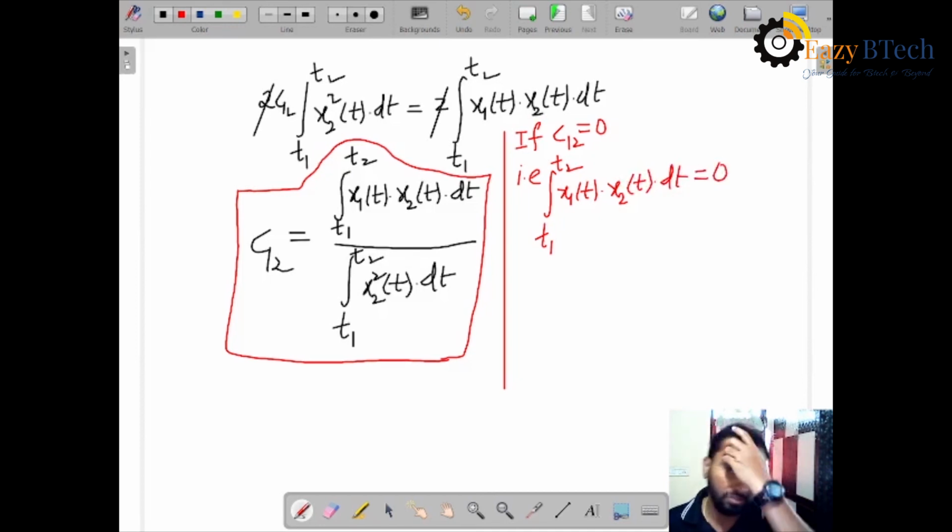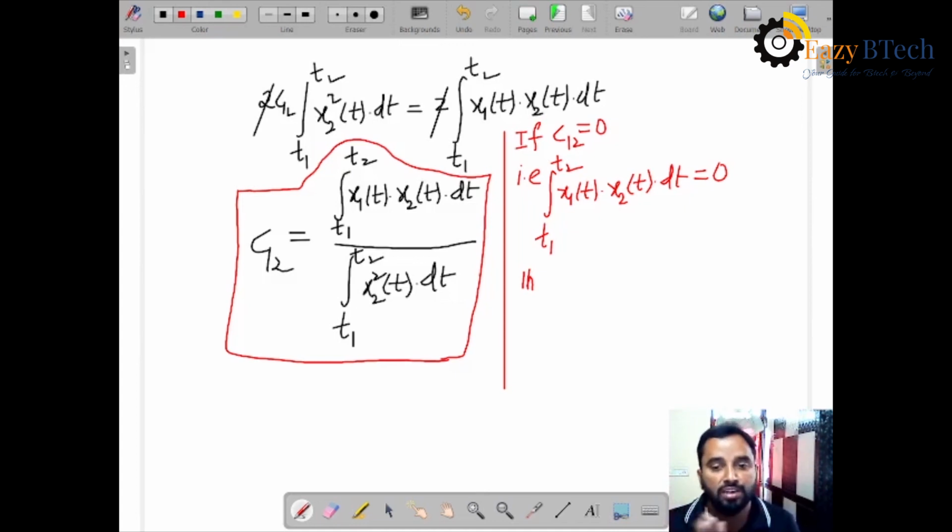That is the meaning of C12 is 0. Right? So what we say about this condition, integral t1 to t2 x1 of t x2 of t dt equal to 0, means the integral of the product of two signals over the interval t1 to t2 is 0, so they are orthogonal functions or orthogonal signals over the interval t1 to t2 only, not for minus infinity to plus infinity.